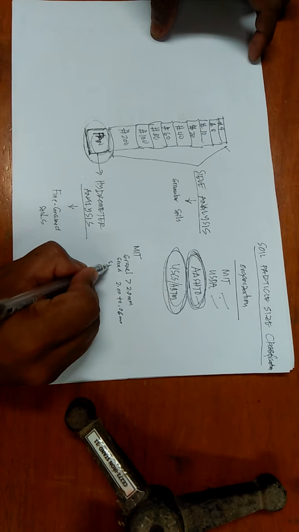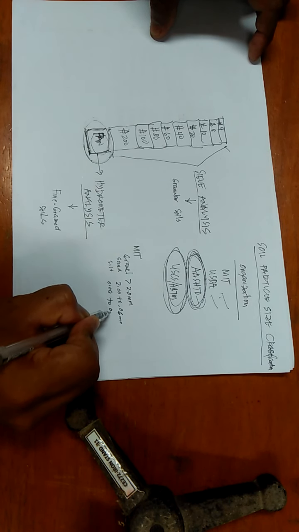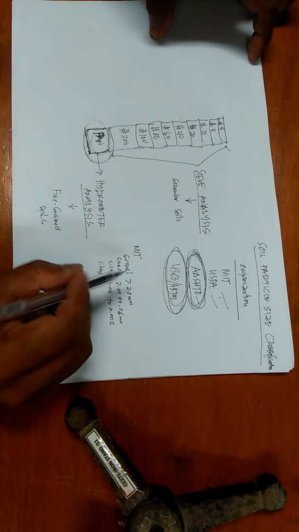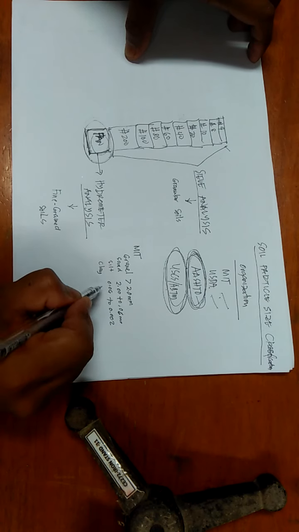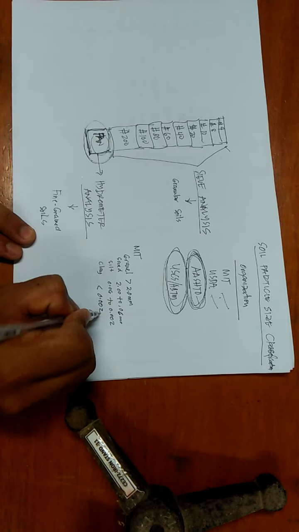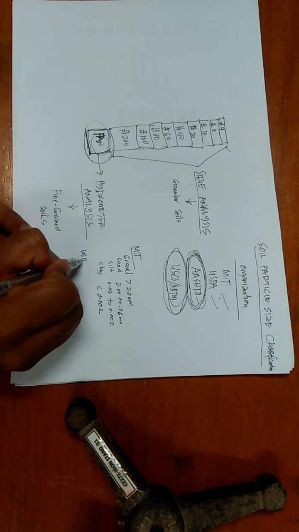Ang silt naman niya, nagre-range siya ngayon ng 0.06 to 0.002. And then, ang clay ngayon, using MIT organization, is less than 0.02. So, yan for MIT. How about for your USDA naman?